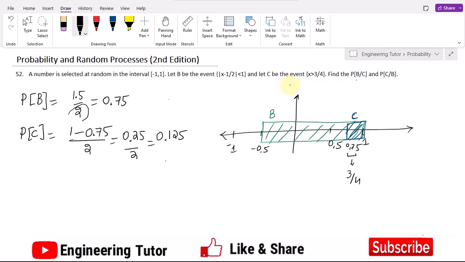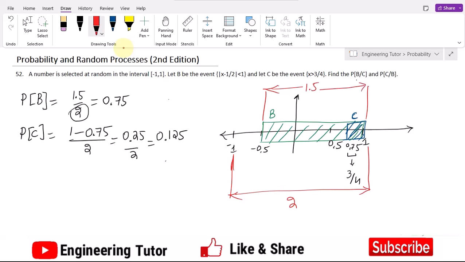What does it mean by this 2? 2 was basically this overall distance between this -1 and +1. Similarly here in B, the distance between these 2 points was 1.5. So the probability of B was calculated by dividing this 1.5 by this 2.